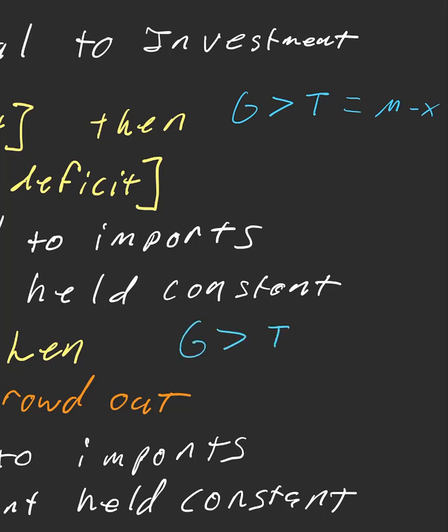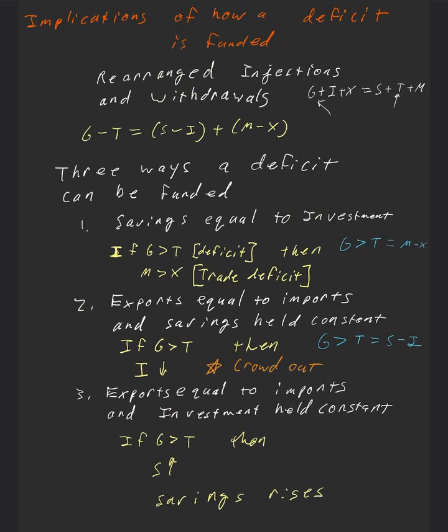We would have government spending greater than taxation. That's a positive number, and we need to account for savings. What if we then held savings constant? So we say savings doesn't change. If government spending is positive, if it goes up, because we're subtracting, investment has to go down in order for these two things to be balanced.